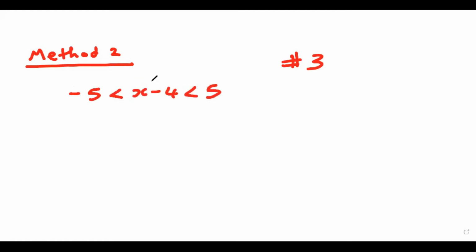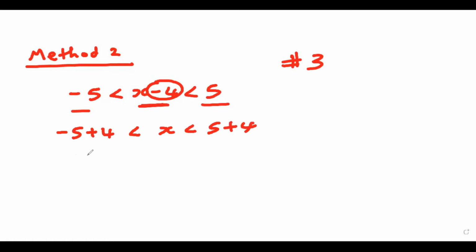So what we do, we'd add 4 to all sides. Because this is a minus, in order to get rid of it, we'd have to add 4. So because we're adding 4 in here, we have to add 4 out here and out here. So we have -5 + 4 is less than x less than 5 + 4. So we'd have -1 is less than x, which is less than 9. And this would be an answer.